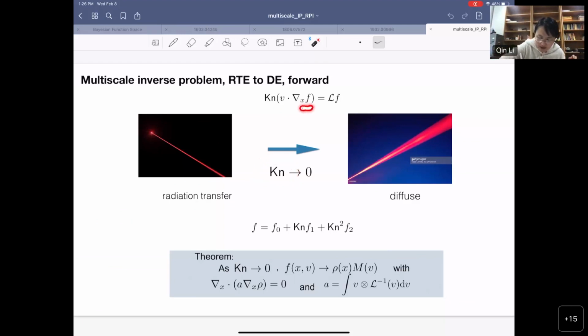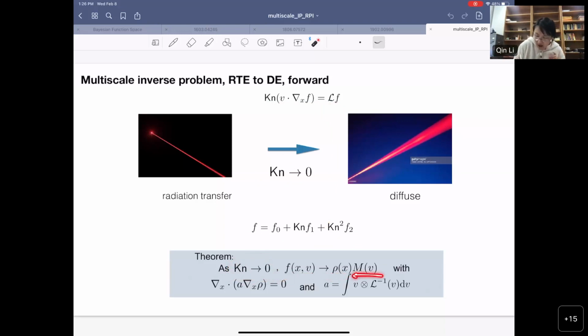Mathematically, we write down the solution to the radiative transfer equation in terms of the Knudsen number. There's the leading order expansion and the higher order expansion. So you plug this ansatz back into your radiative transfer equation and conduct this layer by layer matching. You find out in the Knudsen number going to 0 limit, the distribution function, which is really a function on space and velocity, becomes a separable function, one function on space only and one function on velocity only.